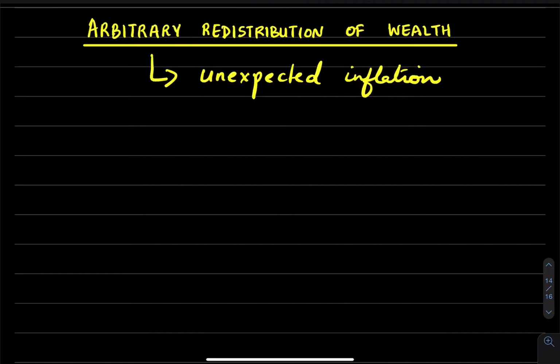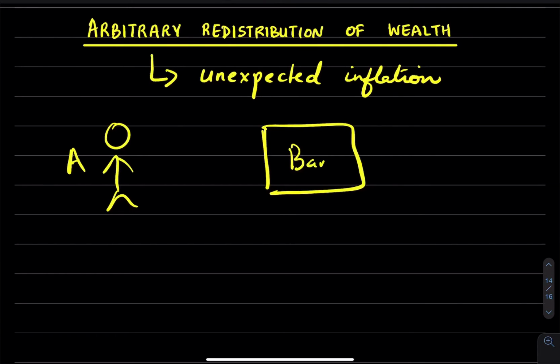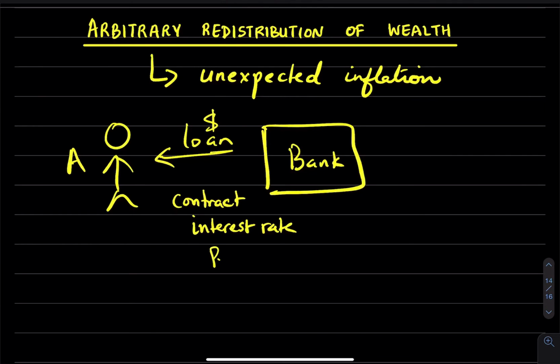So if you think about it, usually when a person A is taking out a loan from a bank, so let's say this is the bank, and person A is taking out, this is a bank making a loan, so dollars are flowing this way, and there's a contract that specifies the interest rate, the principal, etc. Those are the terms of the loan, right?